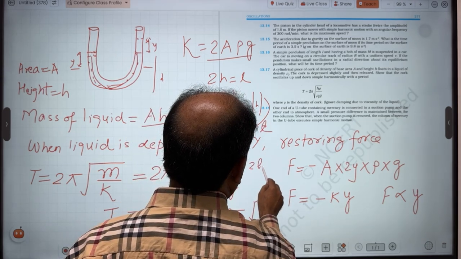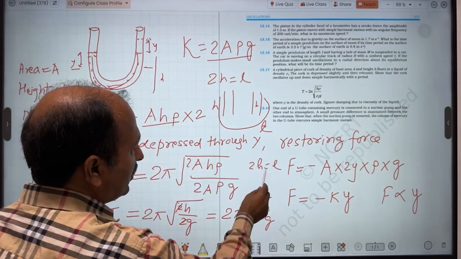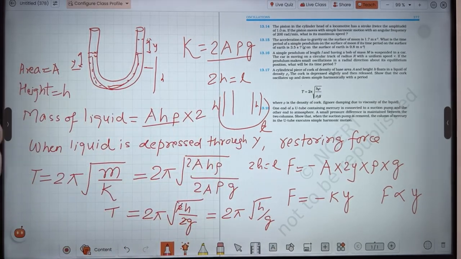So 2h equals L, so h equals L by 2. So we write the final expression: T equals 2 pi root of h, with h equal to L by 2, so 2 pi root of L by 2g. This is the final expression.